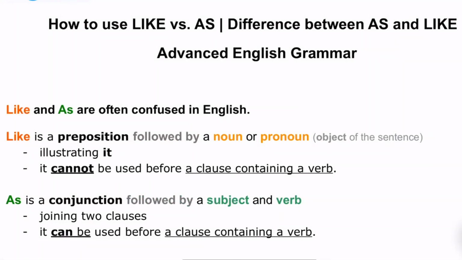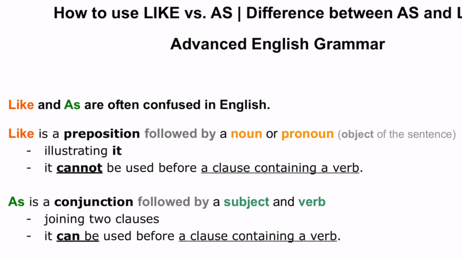So let's dive straight into my explanation and have a look at these rules before I give you the anecdotes with all the examples. How do we use like versus as? And what's the difference between as and like? So like and as are often confused in English. Like is a preposition followed by a noun or a pronoun, which is the object of the sentence.